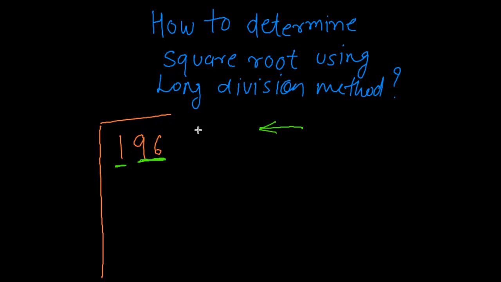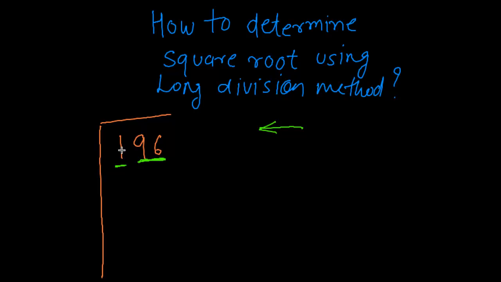Okay, once this process is completed, we will choose a number by which we would divide this. Now how to choose that number? The number would be such that it is a perfect square and it should be closest to the very first number, that is this number.